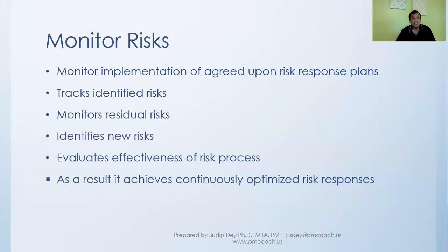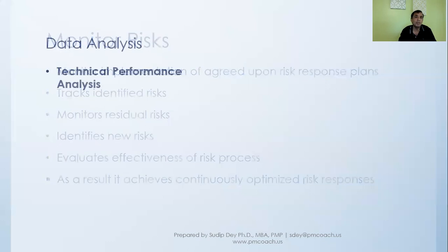So as a result of evaluating the effectiveness of the risk process, it achieves continuously optimized risk responses. So that is again another objective here. So this will be our monitoring risk.